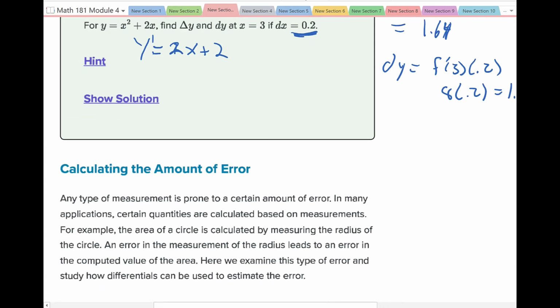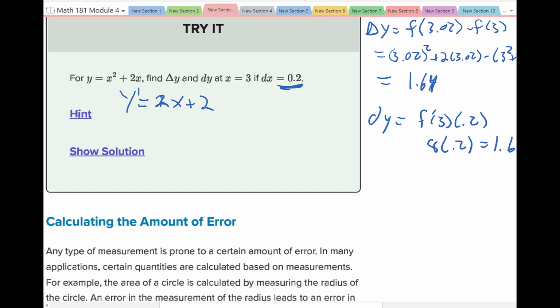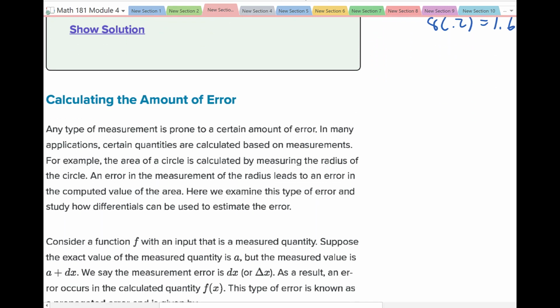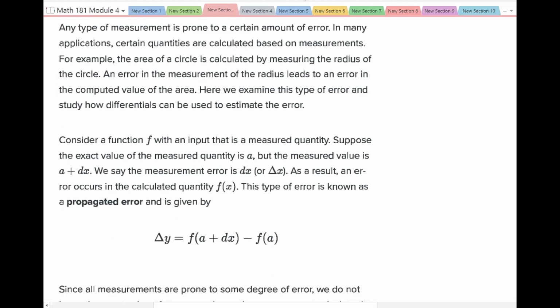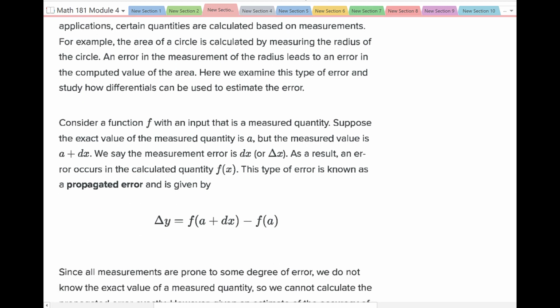Okay, so in doing that, we would talk about the error that we're really seeing, the error on what these estimations are producing. So it's important to be careful of what they call propagated error, which means you have a value that's off, and you keep using that value, and you end up with a number that's far from what the reality is.